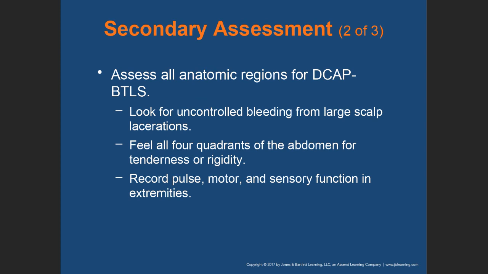Assess all anatomic regions for DCAP-BTLS-IC. Look for uncontrolled bleeding from large scalp lacerations. Feel all four quadrants of the abdomen for tenderness or rigidity. Record pulse, motor, and sensory function in the extremity if there is extremity trauma, or you suspect spinal injuries or some type of neurological issue.